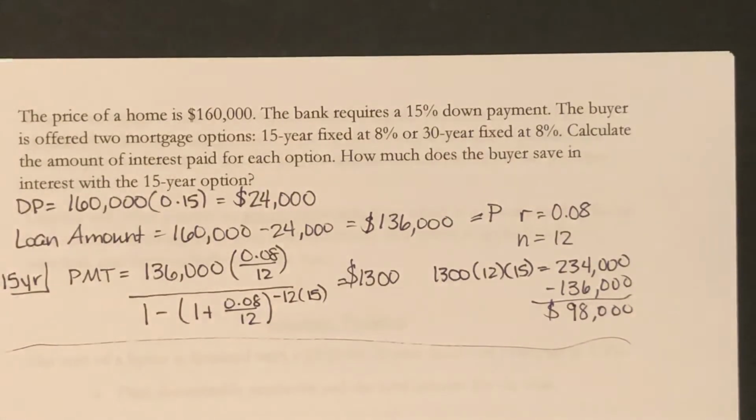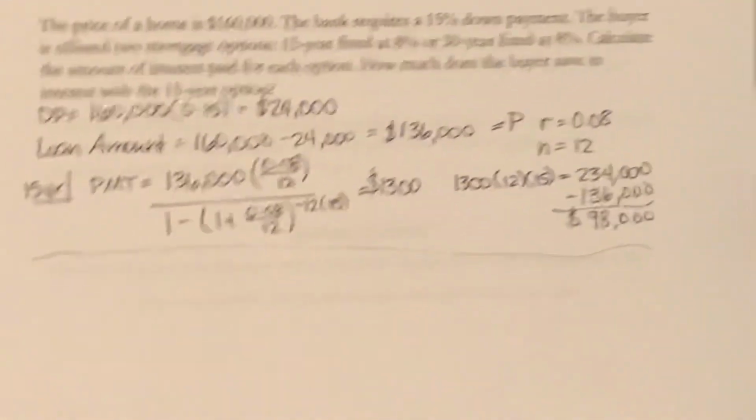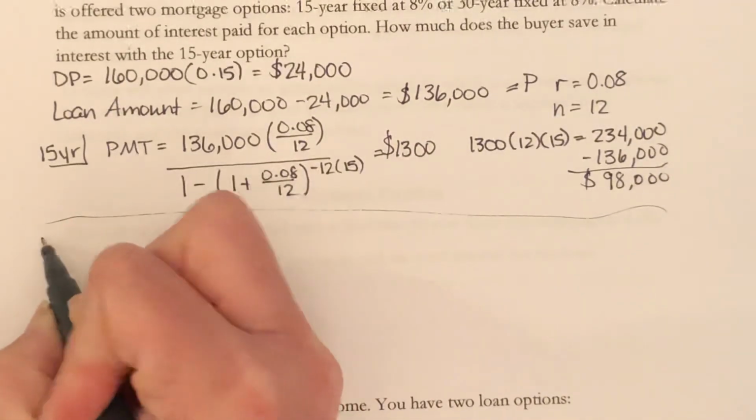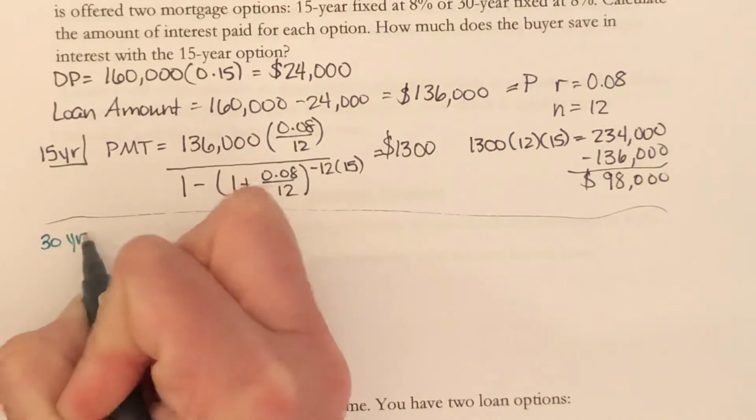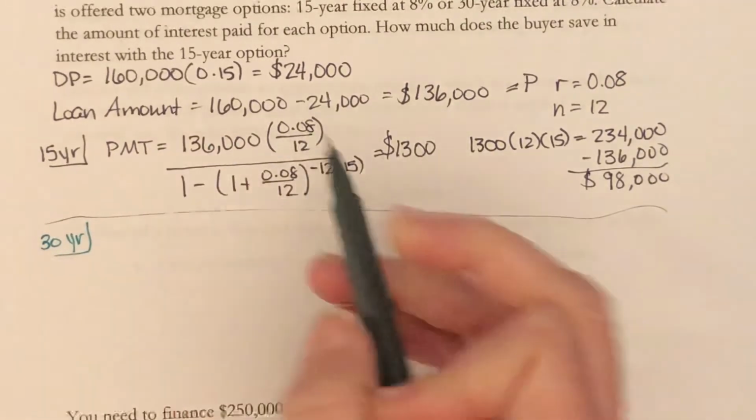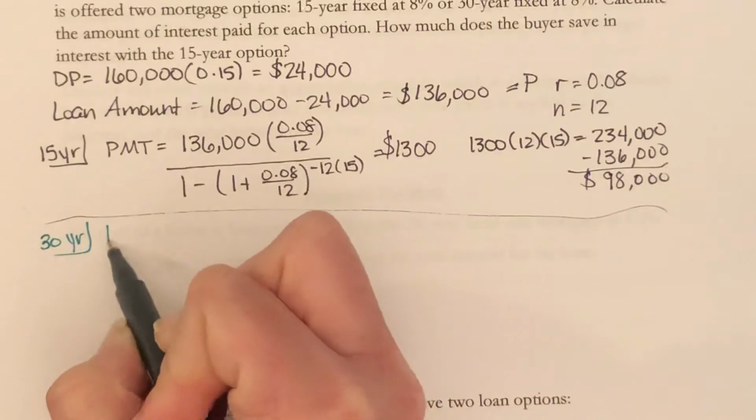So I'm going to a different color so maybe we can see this a little bit better, the difference between the two. Okay, so now I'm going to do the 30-year. And the only thing that changes in this whole formula is that number right there.